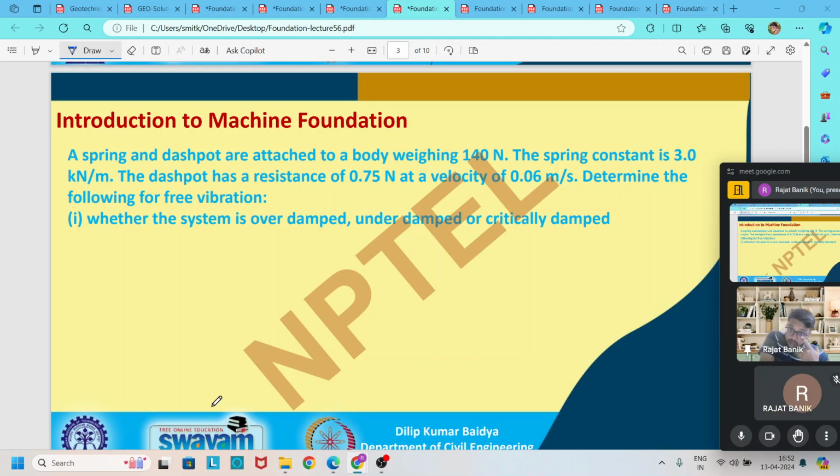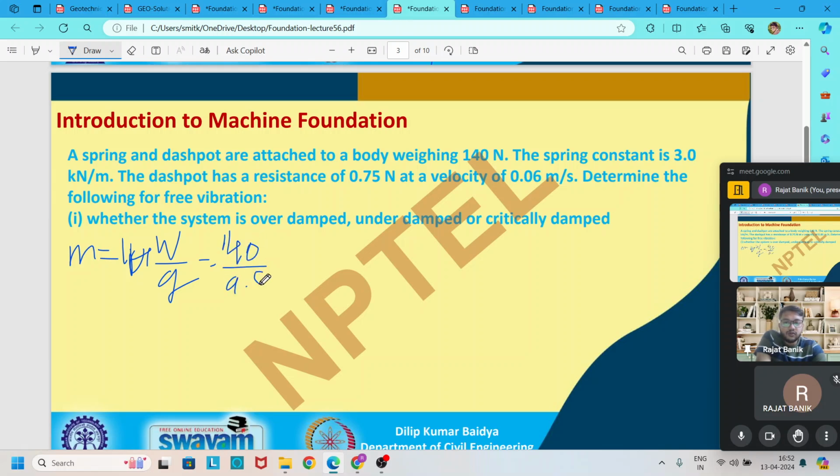So by this given data we have to identify whether the system is an overdamped system, underdamped system or critically damped system. First we find out the mass. Mass m is equal to W by g, which is 140 divided by 9.81, which is equal to 14.27 kg.